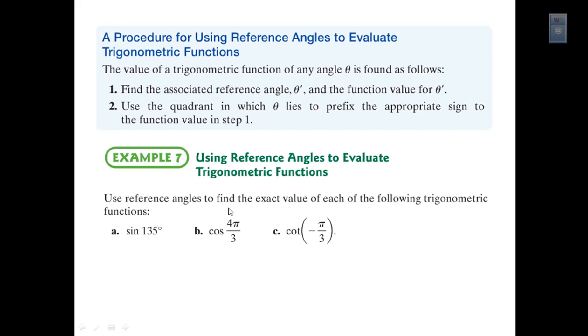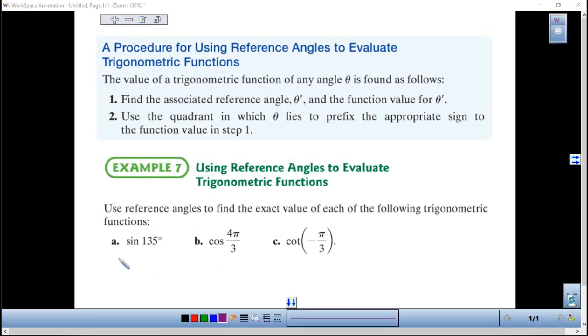So use reference angles to find the exact value of each of the following trigonometric functions. Part A here, the sine of 135. So theta is equal to 135. We're looking for theta prime, and that's going to be in quadrant 2.